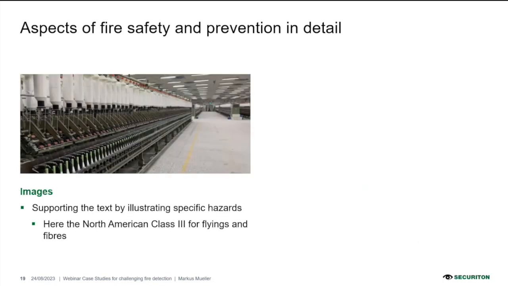It features images supporting the text of the guide. Here, as an example, fibers and flyings is a class 3 hazard according to the North American standard, and it obviously occurs in cotton mills and areas like that.